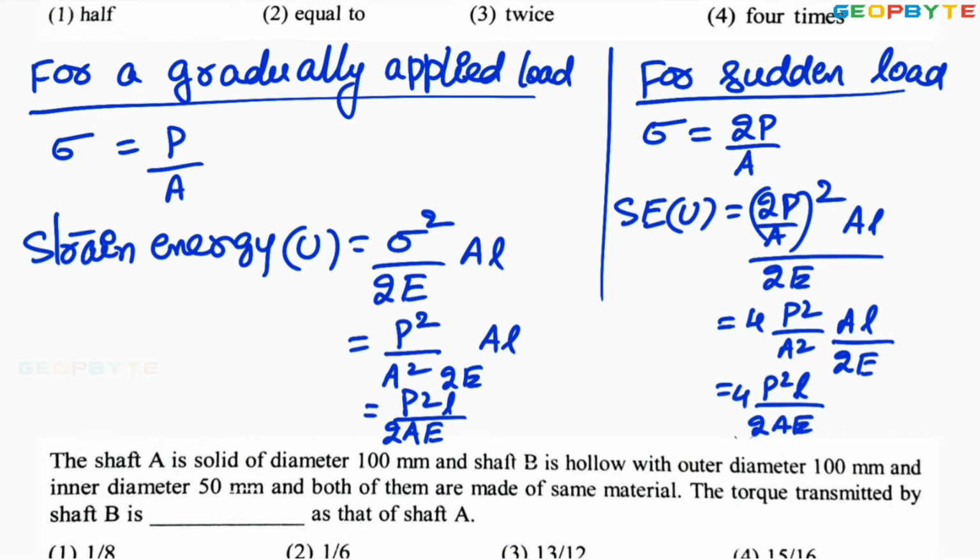Now compare these two. This is the strain energy with gradually applied load. This is the strain energy with suddenly applied load. Therefore, strain energy with suddenly applied load is 4 times that of the gradually applied load. Therefore, option 4 is absolutely correct. I hope you got my point. Let us take one more problem.